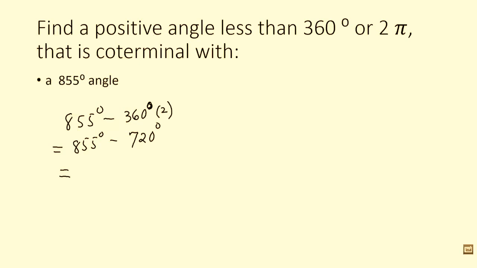And when we subtract, we get the positive angle 135 degrees, which is less than 360. So therefore, an angle that measures 135 degrees is coterminal with an angle of 855 degrees.